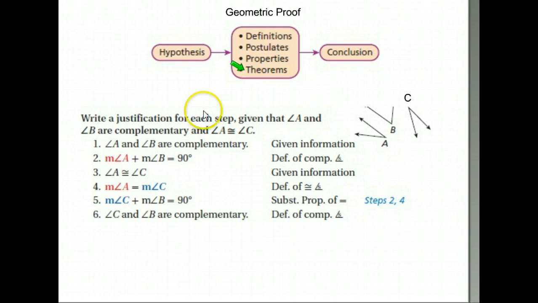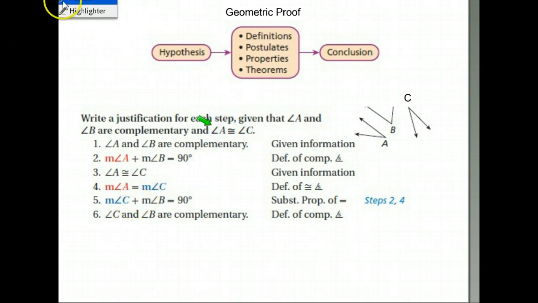Here I have an example of how a proof works. They probably said A and B are complementary, and A is congruent to C. Show that angle C and angle B are complementary. So here we have our given.